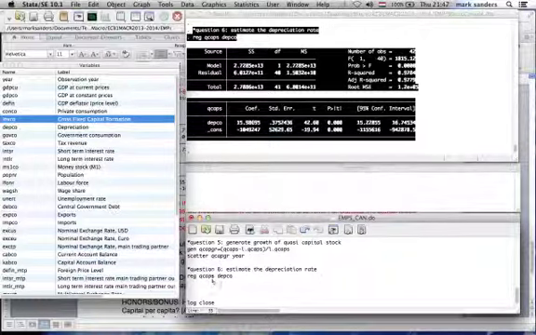So now for question 7, we need to compute the capital stock.